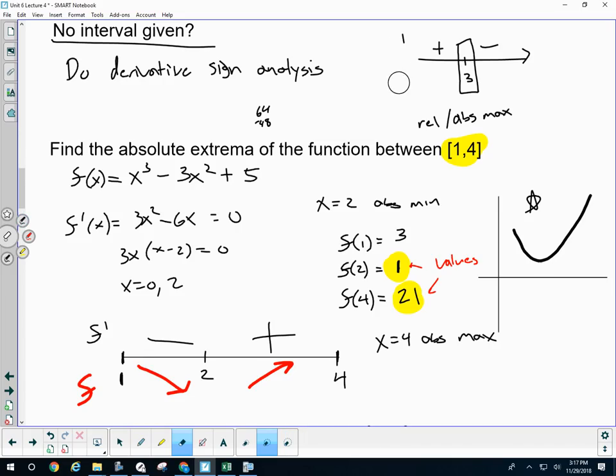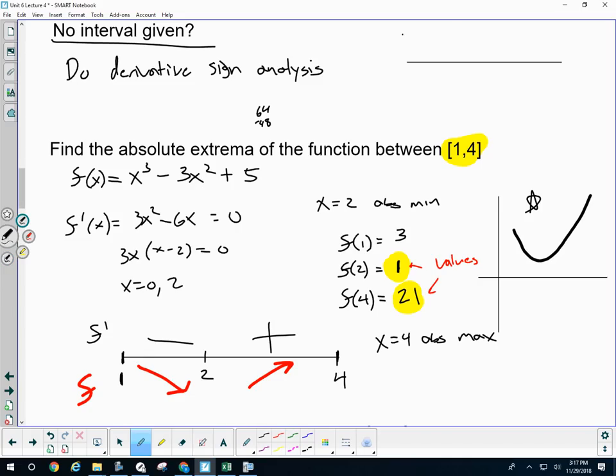Great point. If we had a situation like this, let's just throw some values on: 0, 1, 2, 3. And let's say I want positive, negative, positive. Okay, this is the sign change of f prime.